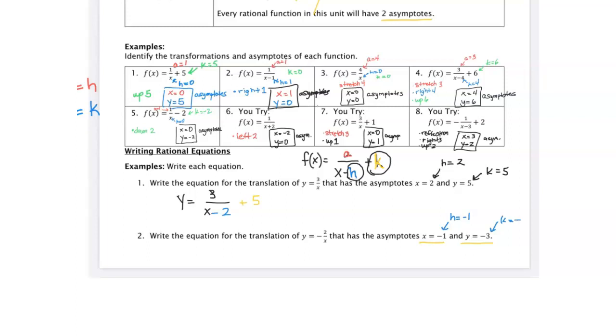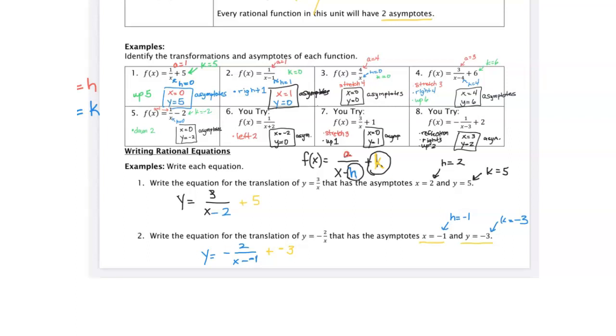Our k value is negative 3. So plugging those in, we'll have y equals negative 2, nothing has changed at the top, over x minus, as was in our formula, and then our h value is negative 1. And then we have plus our k, so plus a negative 3 as our k value.